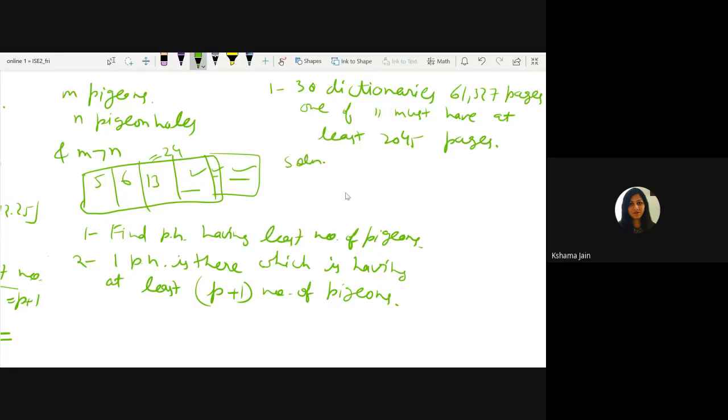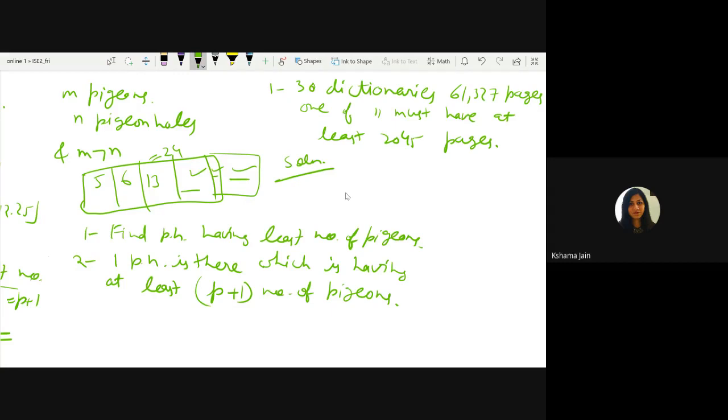Now understood this question? See, again, there was a probability that in one dictionary all pages are there and others are blank. But they are telling, once we do the first even distribution, what is the minimum chance that the 30 dictionaries having 61,327 pages, we need to show that at least one dictionary must have at least 2045 pages.